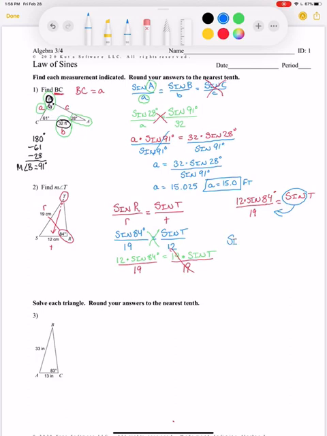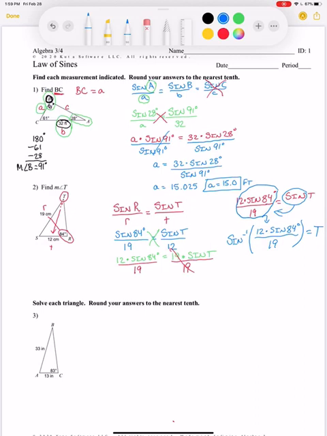So the inverse sine of 12 times the sine of 84 degrees divided by 19 is going to equal the measure of angle T. You can pop this in your calculator: the inverse sine of 12 times the sine of 84 degrees divided by 19, and then close that last parenthesis.